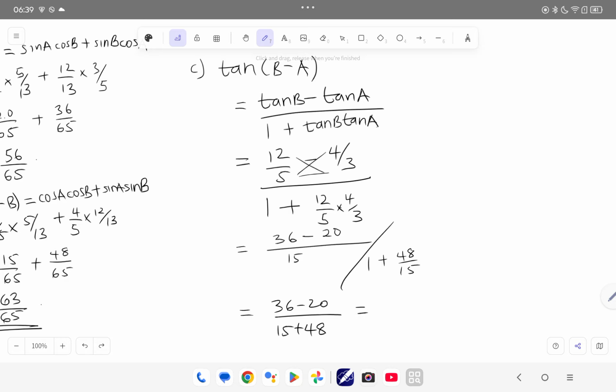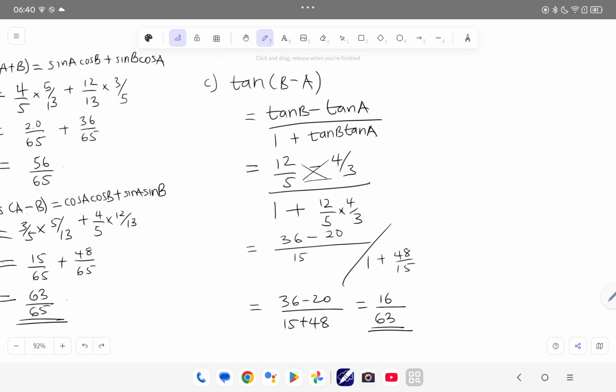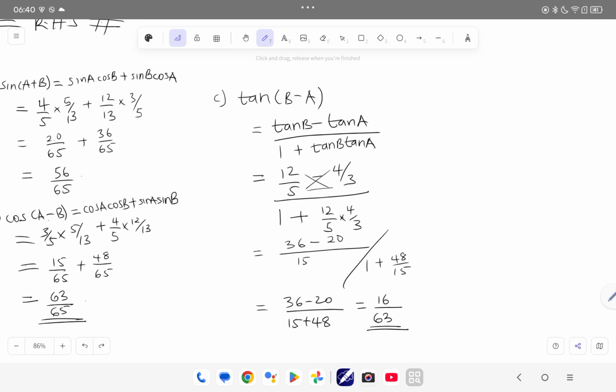Try to simplify that one. 36 minus 20 is 16, and 15 plus 48 is 63. So by doing so, we would have found the value of tan of B minus A.